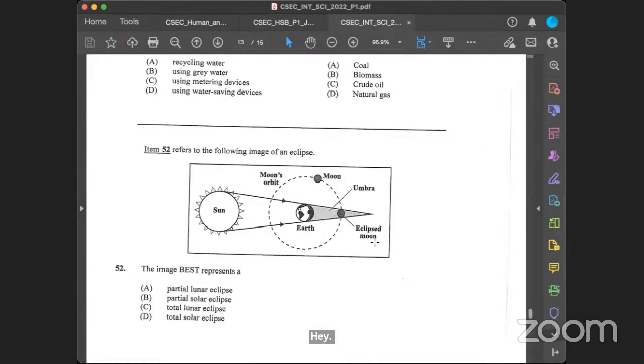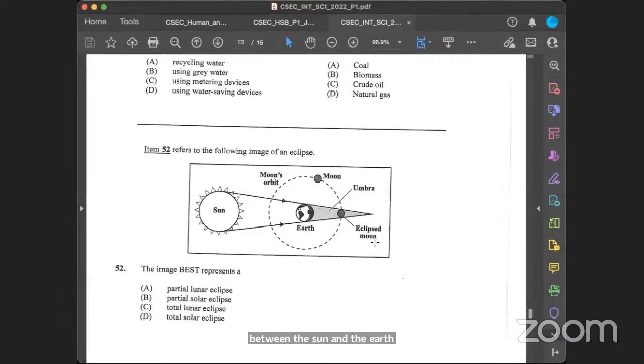Okay. So the lunar eclipse, make a note of this. The lunar eclipse is when the earth is between the sun and the moon. The solar eclipse is when the moon is between the sun and the earth.